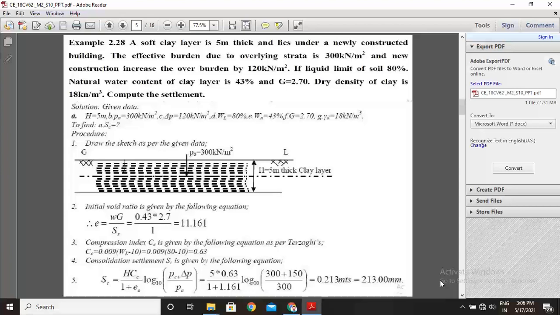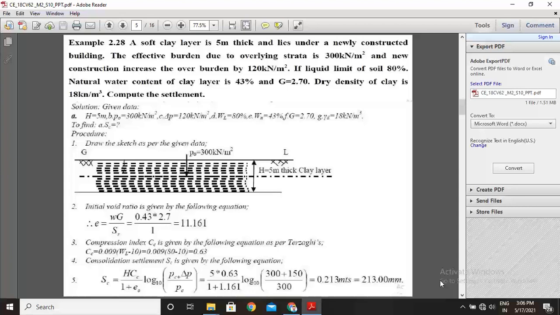If the liquid limit of soil is 80%, natural water content of the clay layer is 43% and G is 2.70. Dry density of clay is 18 kilonewton per meter cube. Compute the settlement.